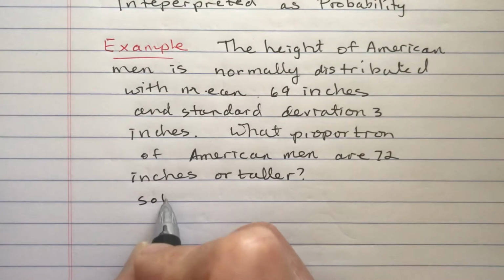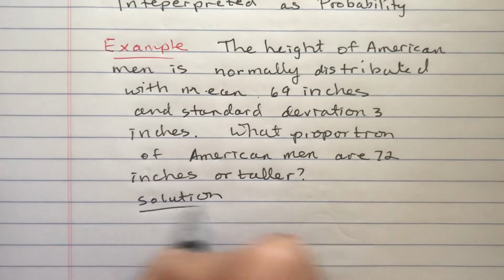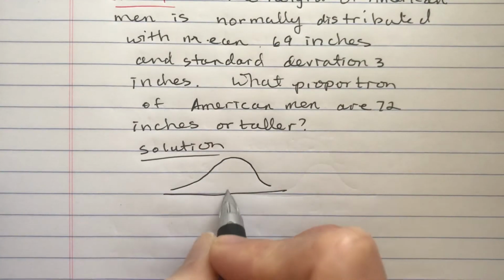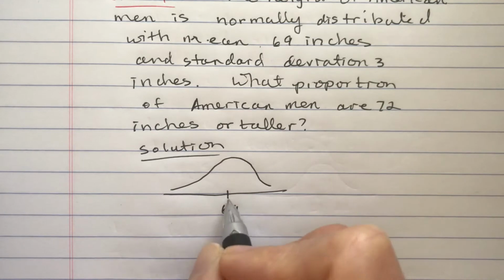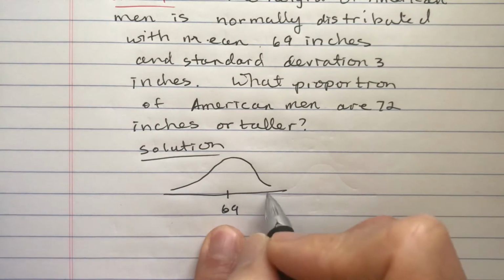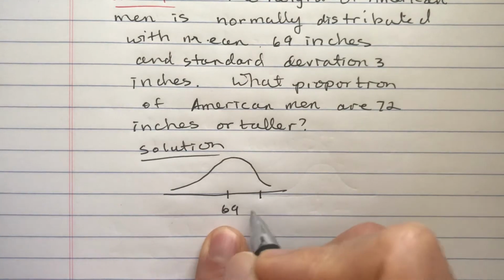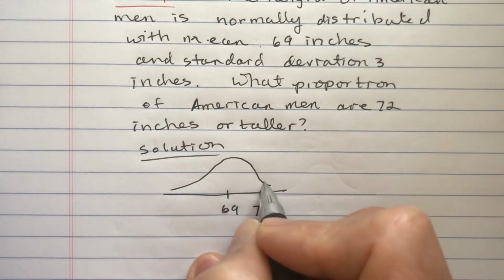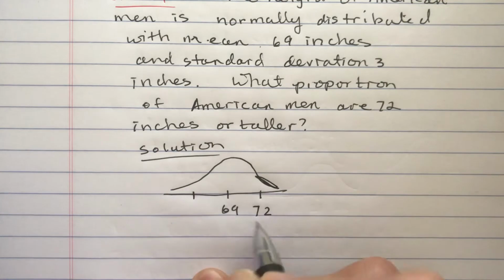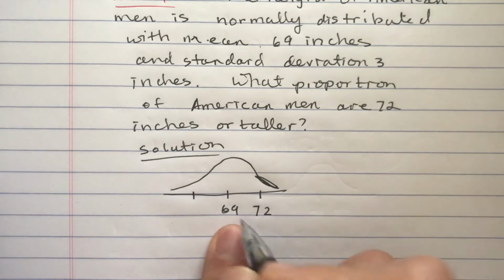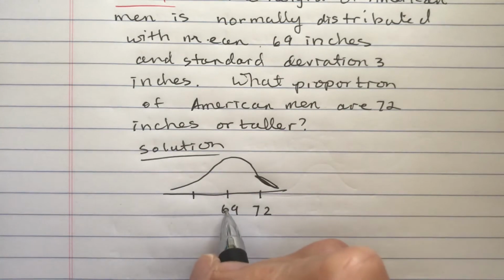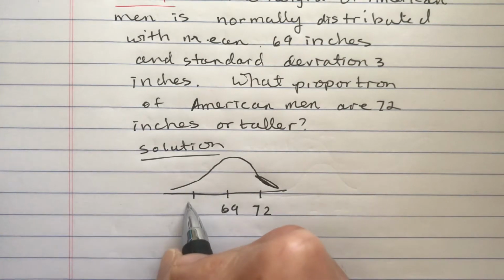Okay, so what we're going to do is draw a normal distribution curve here. Here's 69. If I add 1 standard deviation, which is 3 inches, I get 72. So 72 is 1 standard deviation above 69 inches. And if you subtract 69 minus 3, you get 66.